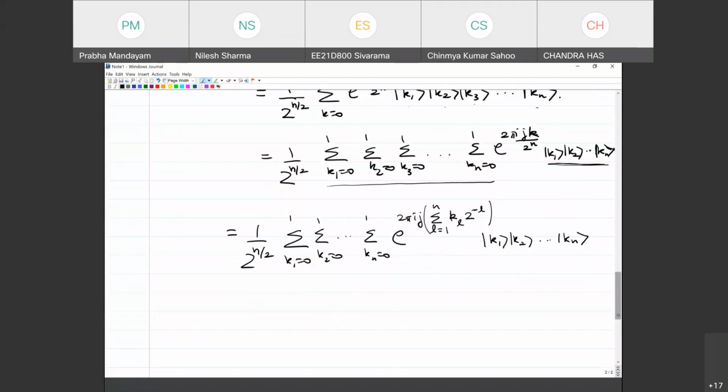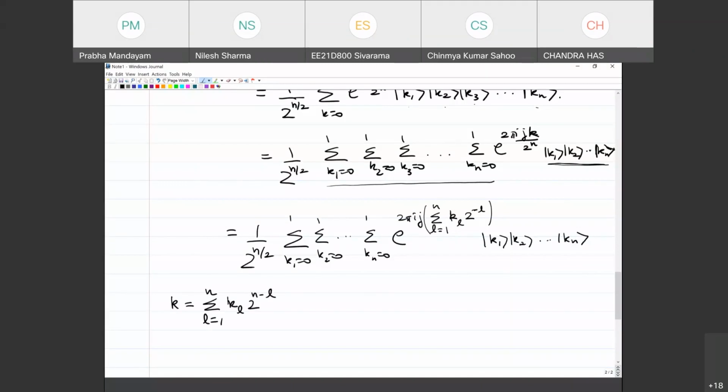So why is this the case? Because recall that k will be written as, so the idea is that I can normally write k as sum over L going from 1 to n, kL 2 to the n minus L. Is this clear first?